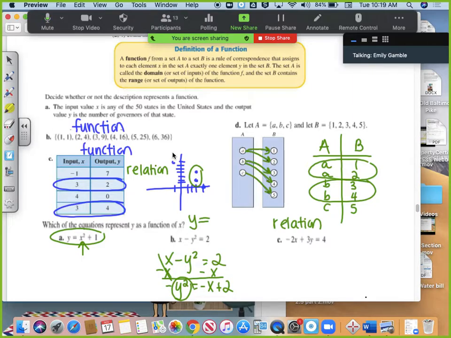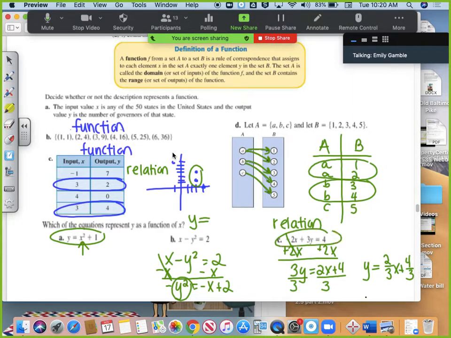It's called general form or standard form, and even though it doesn't say y equals, we could quickly take this and solve it for y equals by adding 2x to both sides and then dividing by 3, and we would get y equals 2/3 x plus 4/3. Because we can quickly solve this for y, that means that this is a function and that y is a function of whatever x is. So this one would be a function as well.